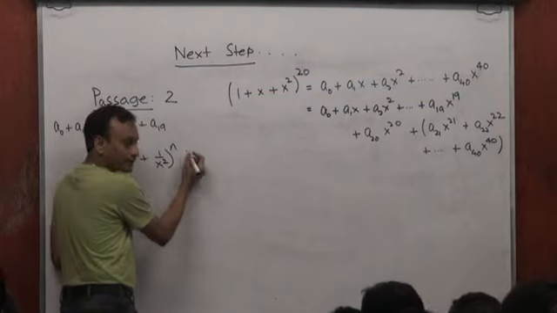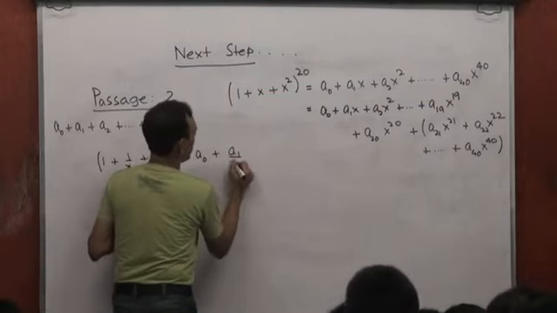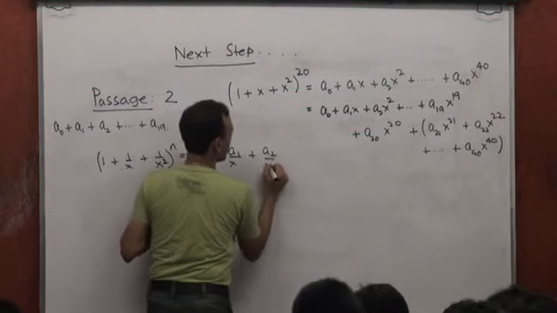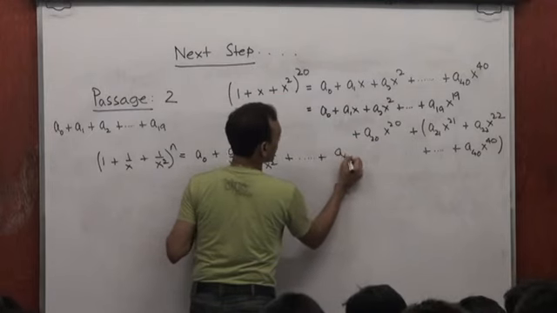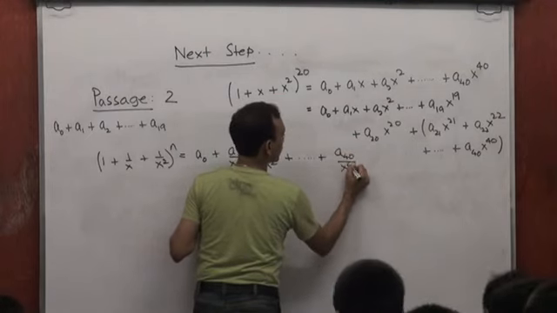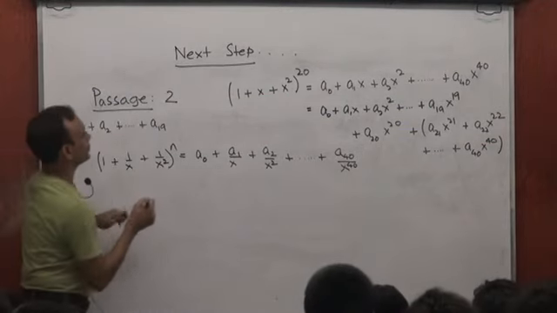whole to power n, that's a naught plus a1 by x plus ... whole to power 20.